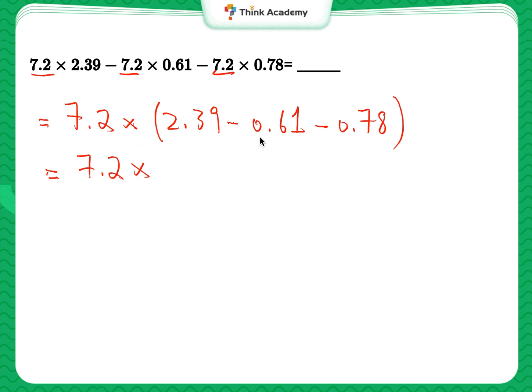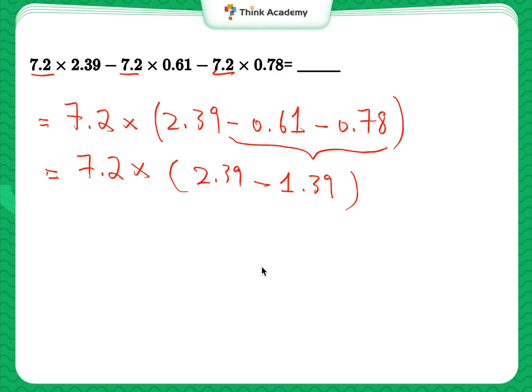Now we can see that 0.61 and 0.78 are both taken away from 2.39. So we might just combine these two together first and see what's the total that is taken away. So 0.61 adding 0.78 is going to be 1.39. So basically what's in the brackets is going to be 2.39 take away 1.39.